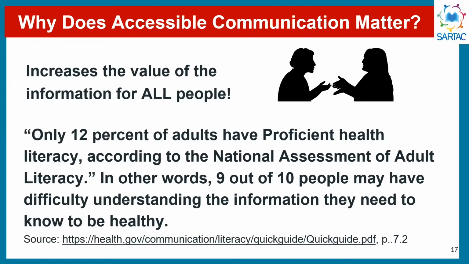So it just shows you that we're not just talking about self-advocates and people with intellectual disabilities. We're talking about the vast majority of people in the United States, who, if they're really going to get information and understand it, need to have it presented at a reading level that's more accessible.